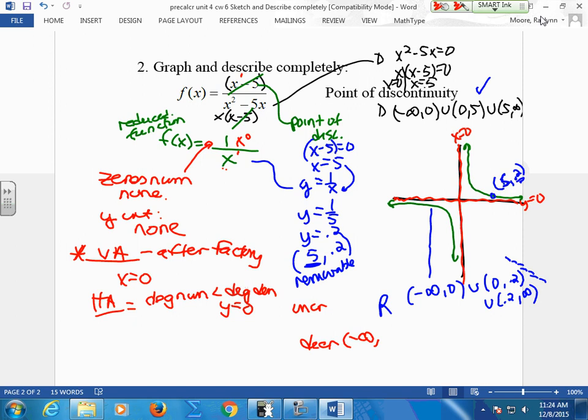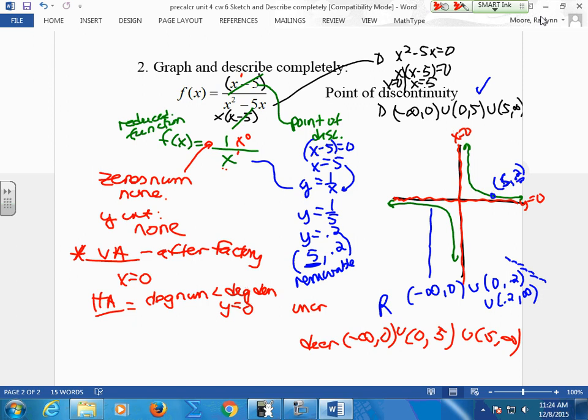Where do I hit this wall? 0. Okay, is this part of my function increasing or decreasing? Decreasing. So it resumed at the 0. Uh-oh, it was decreasing, but that doesn't exist, so I have to jump over the 5 and then continue. So even in your increasing, decreasing, and your concavities, you have to eliminate or jump over that point of discontinuity.